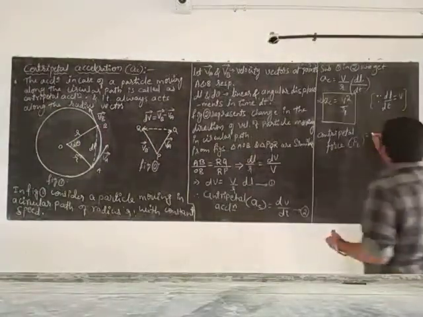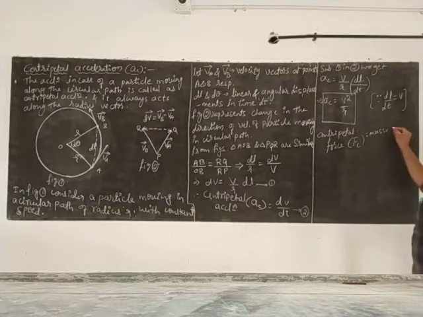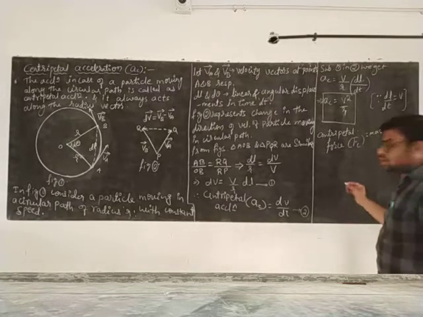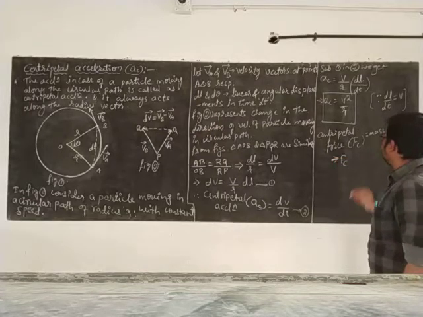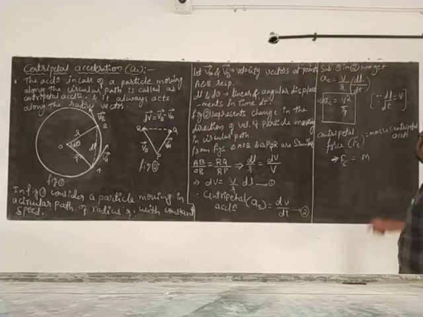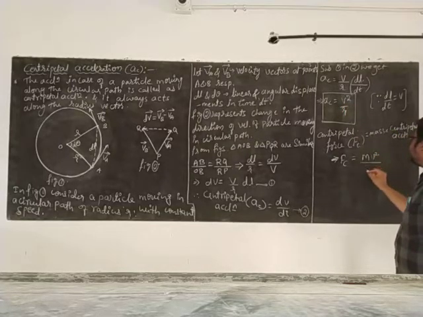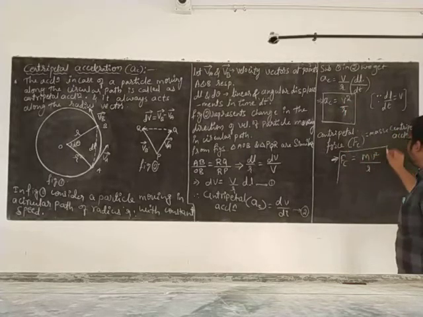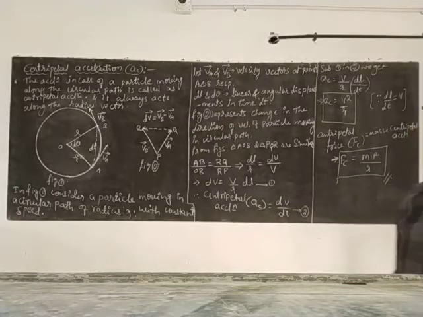So that implies Fc is equal to m into centripetal acceleration, which is V square divided by R. This is the expression for centripetal force.